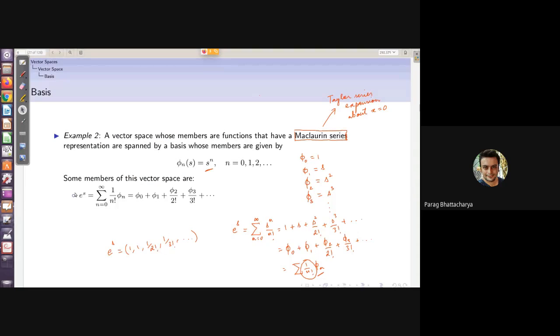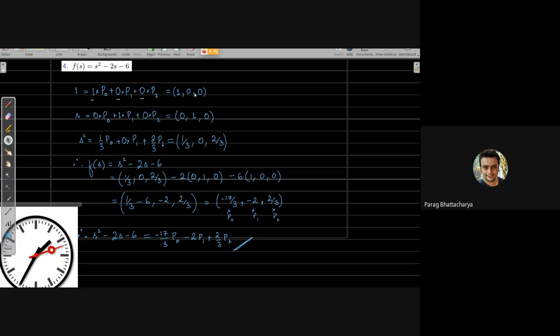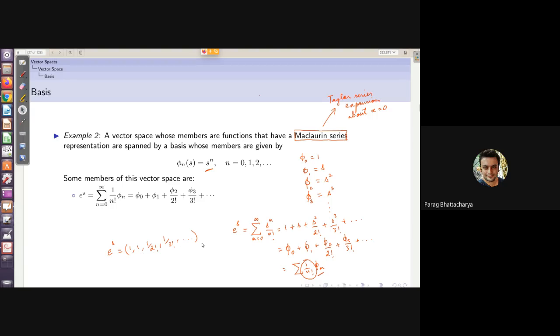Only difference is here we were having a finite number of coordinates 1, 2, 3, and in this case we have an infinite number of such coordinates. So each of these functions, we can express in terms of this basis. This basis is a basis for all the functions, which is the linear vector space.